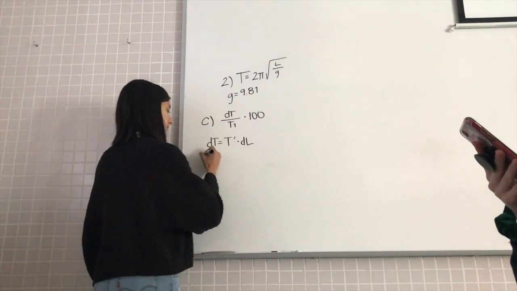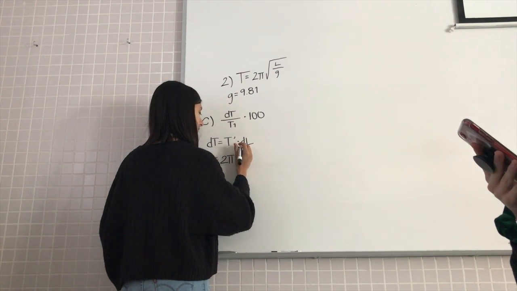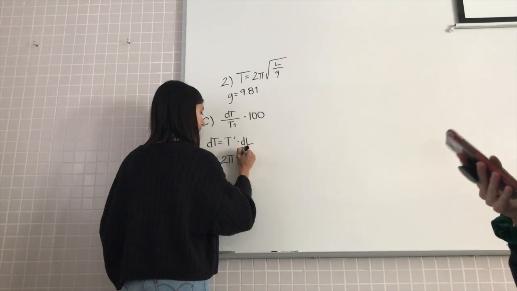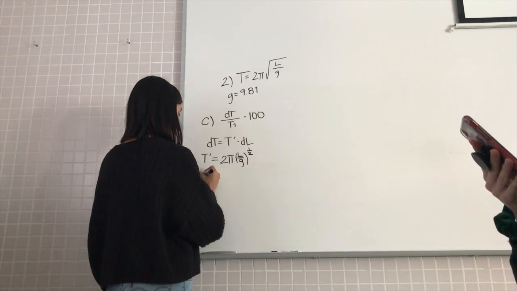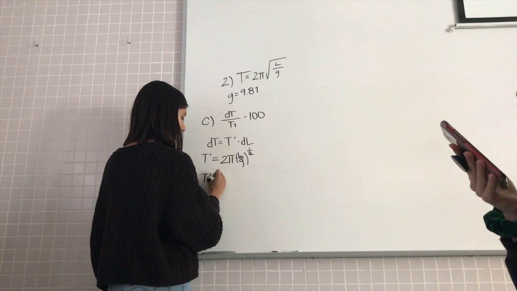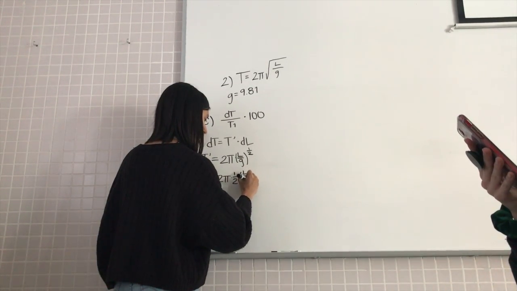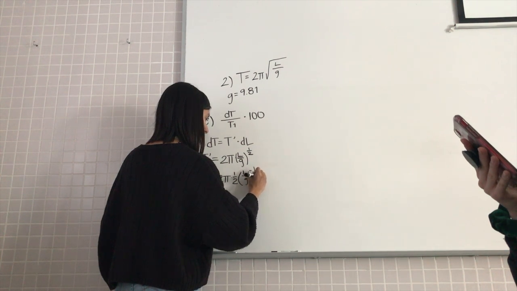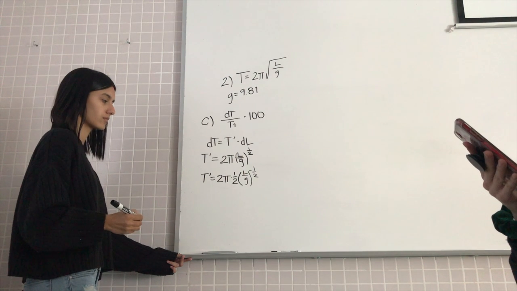T prime is equal to 2 pi times (L over G) to the exponent of 1/2. This is a power rule, so we have to multiply that 2 pi times 1/2 and then subtract 1 from the exponent. This will give you negative 1/2 as an exponent.